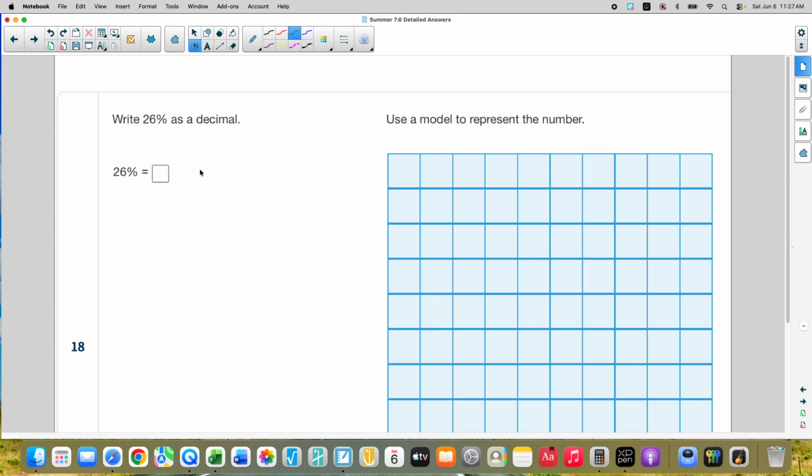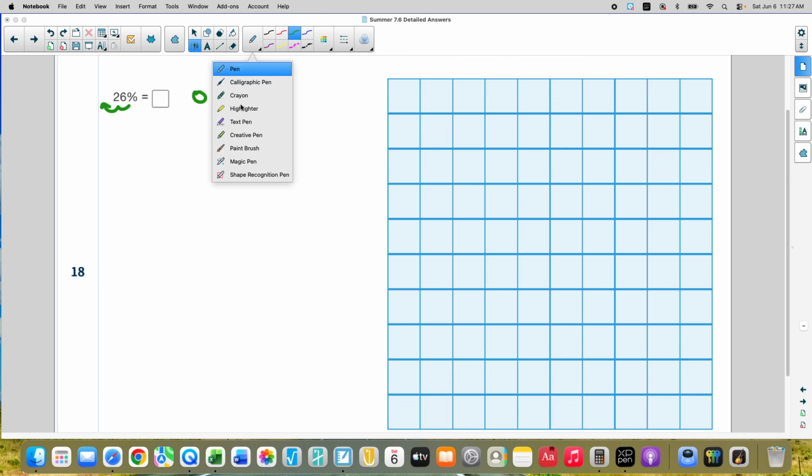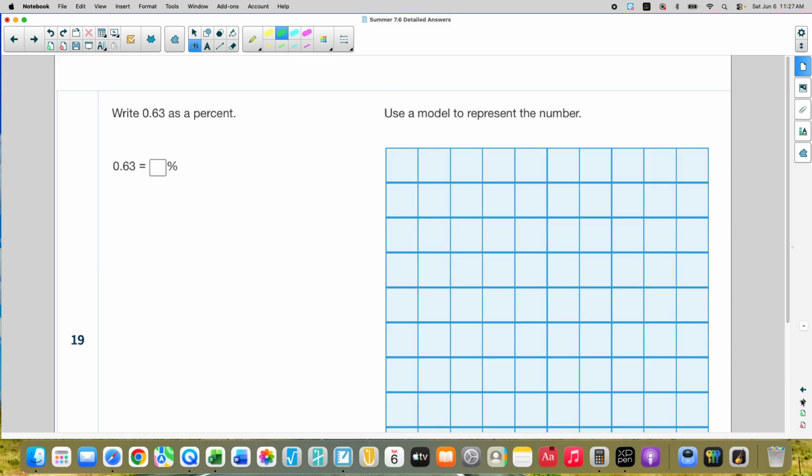26% as a decimal is going to be 0.26. We move that decimal point 2 places to the left. And to represent it as a model, that would be 26 shaded squares. So we've got 10, 20, 2, 4, 6. That would be 26% of it shaded. 0.63 is 63%.